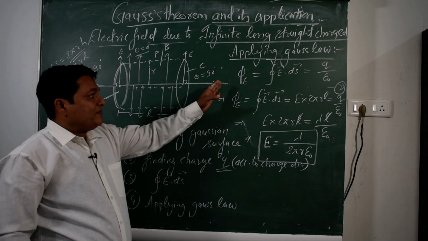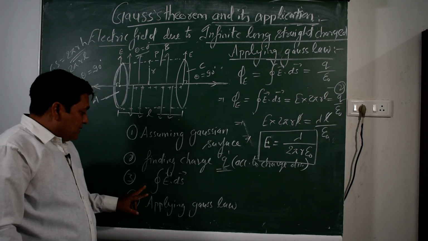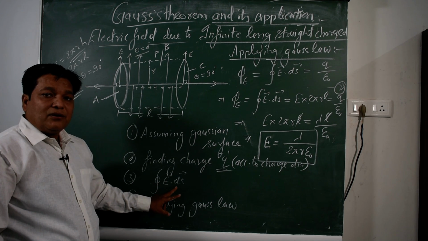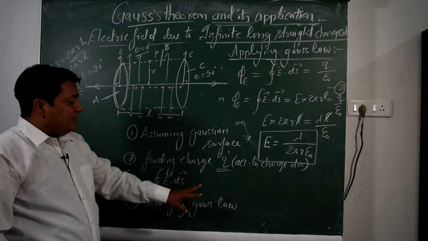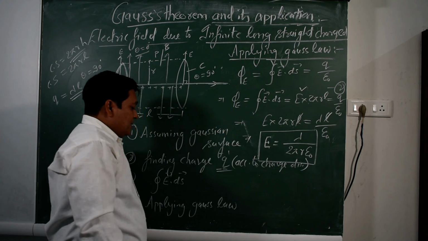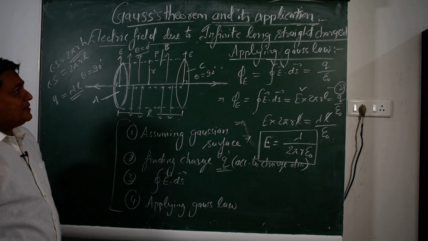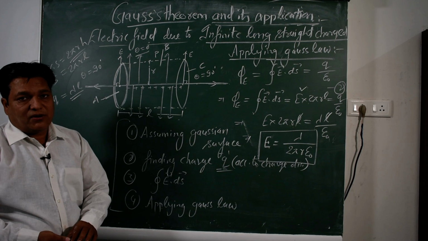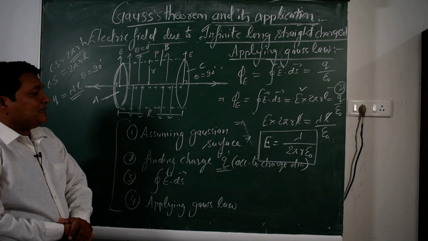After applying Gauss law, we place the value of Q and the value of the total flux, the closed integration of vector E dot vector ds, in Gauss law, and then we determine the electric field like this. This is the method to determine the electric field by using the Gauss theorem, Gauss law, and this is its application.